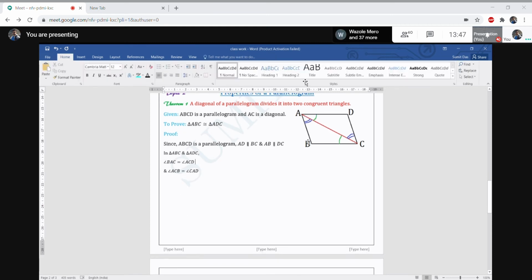Angle BAC, this blue color one, equals angle ACD. Why?